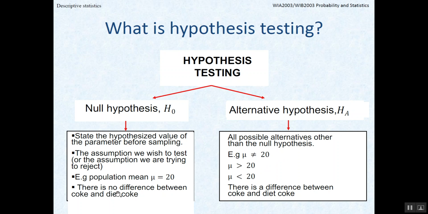Or, if the null hypothesis is that there's no difference between Coke and Diet Coke, then the alternative hypothesis is there is a difference between Coke and Diet Coke. So these are two different ways of writing the alternative and null hypothesis.